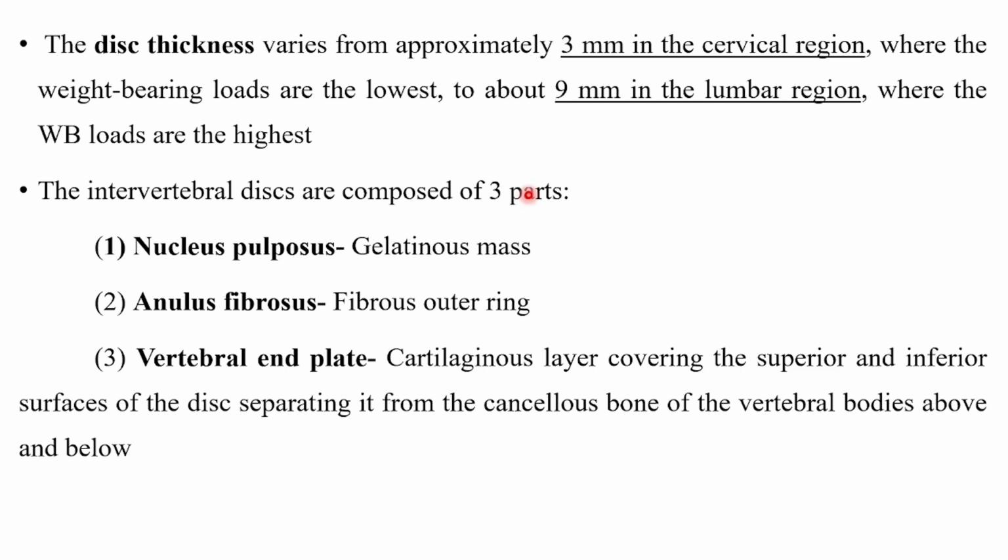The disc thickness also varies from approximately 3 mm in the cervical region, where the weight-bearing loads are the lowest, to about 9 mm in the lumbar region, where the weight-bearing loads are highest. So the cervical region has only 3 mm disc thickness compared to the lumbar region, because weight bearing is highest in the lumbar region.